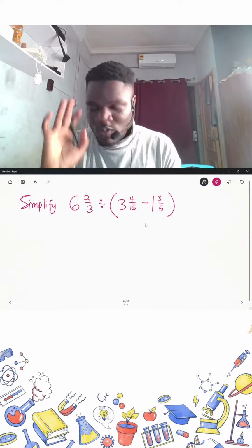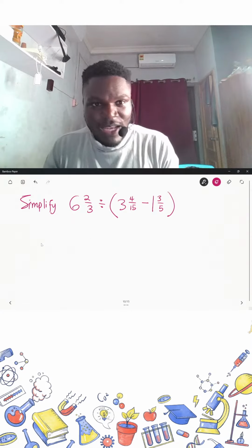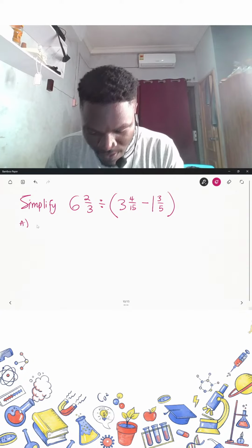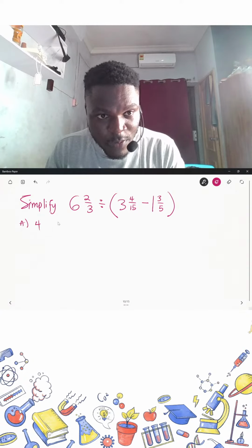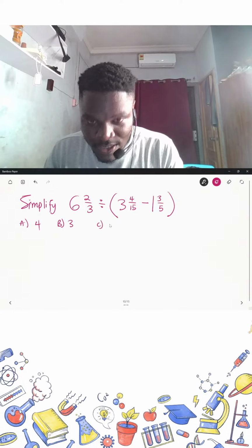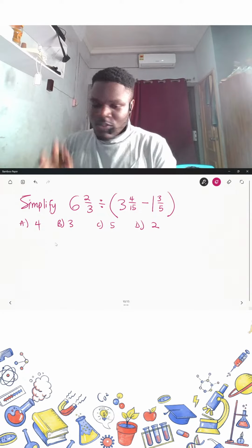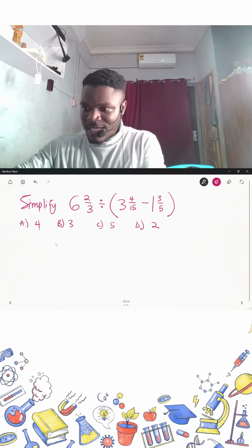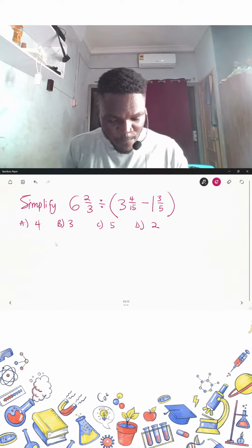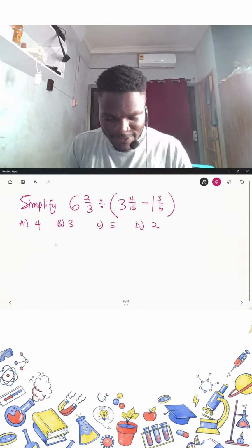Okay, so solve this. This one we don't have. Okay, let me give the possible options. I have option A 4, option B is 3, option C is 5, and then option D is 2. Okay, so please attempt this question whilst I look for the questions on probability.